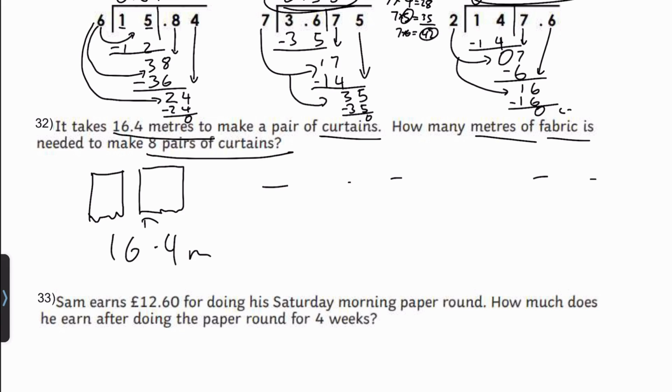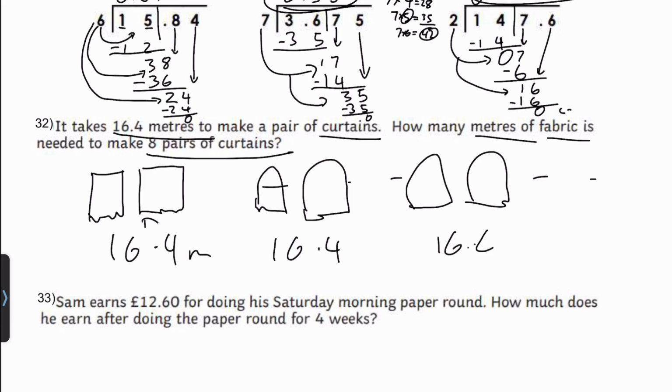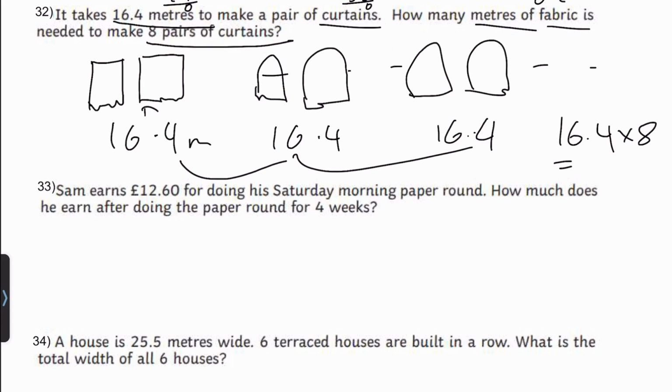So how much are we going to need for one more of this? Another 16.4. How much for one more? Another 16.4. So that's for 3 pairs of curtains. It's 16.4 times 3, as you can see. So for 8 curtains, it's going to be 16.4 times 8, which you can do as you were doing before.